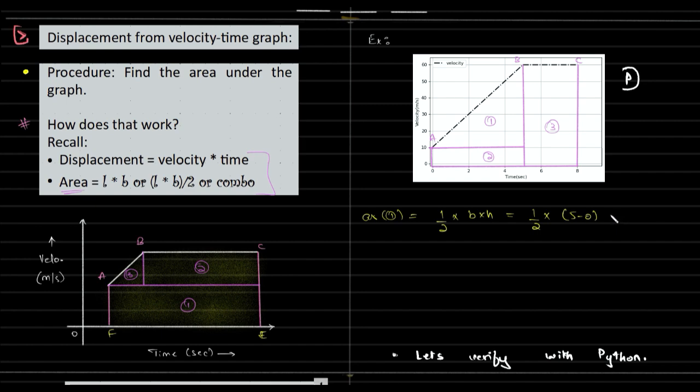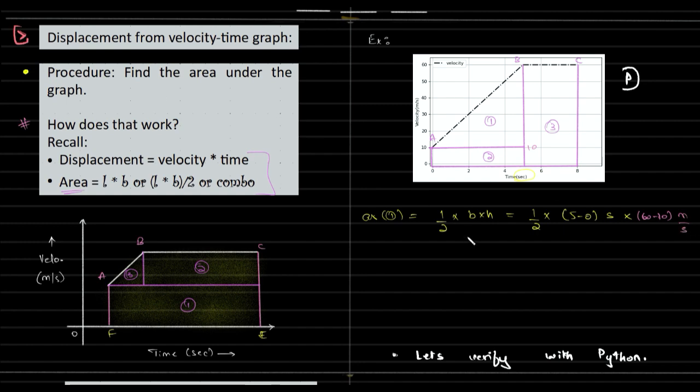I'm writing the unit so that you understand what you're finding. The base is time, so it is in seconds. And then the height over here is from 10 to 60, so this would be 60 minus 10. And this is velocity, so it will be in meter per second.